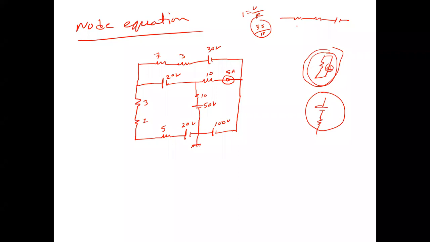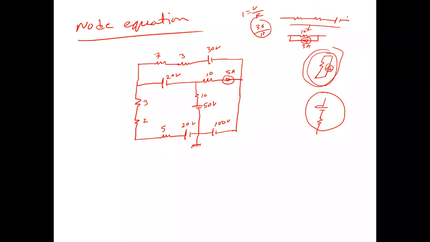So now this is the one resistance, and this is the parallel current. This current has a positive sign, so the current flows in this direction. Okay, so now these two are converted. This is the 10 ohm and this is the 3 ampere.